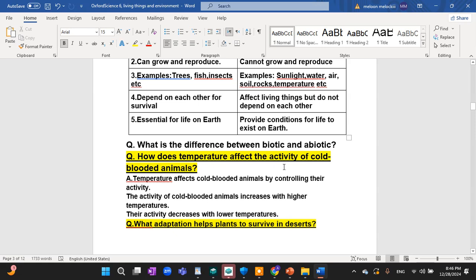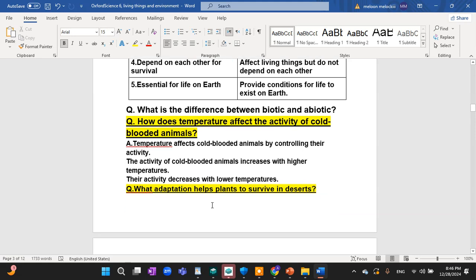How does temperature affect the activity of cold-blooded animals? Answer. Temperature affects cold-blooded animals by controlling their activity. The activity of cold-blooded animals increases with higher temperatures and their activity decreases with lower temperatures.